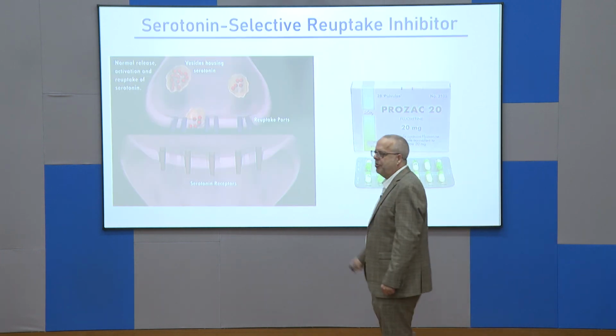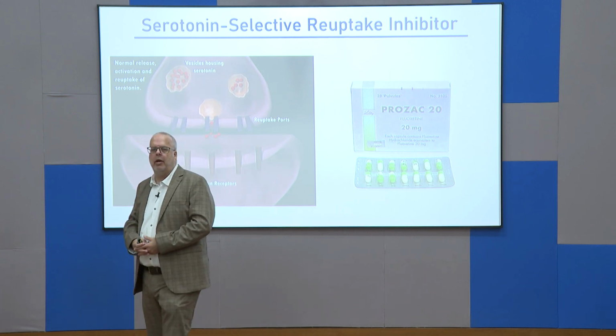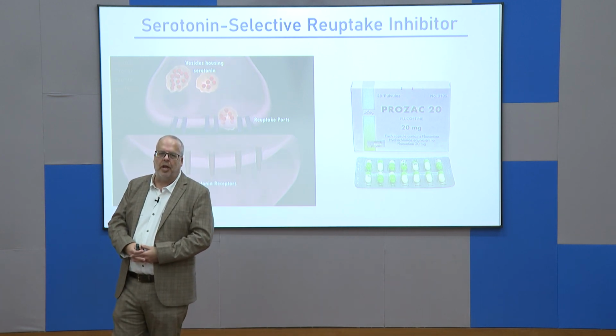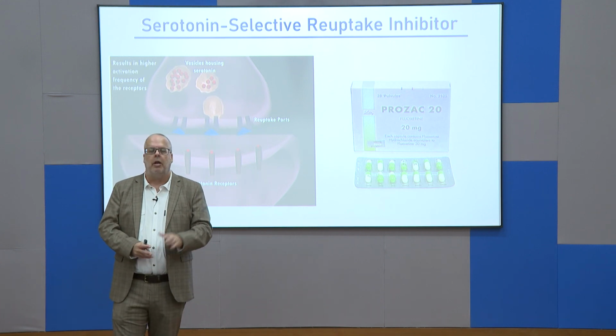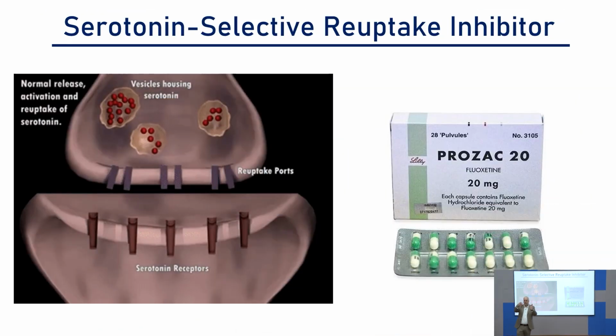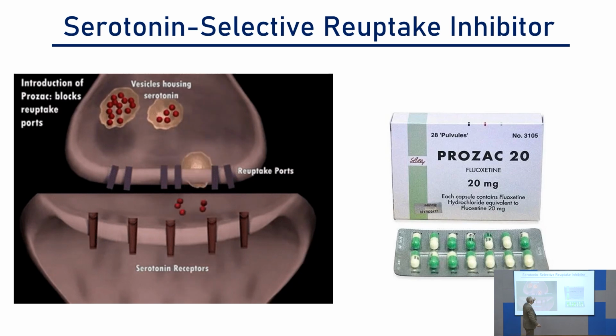So to finish, let me just give you one single example. Antidepressants. Everybody knows Prozac. Prozac is what we call a selective serotonin reuptake inhibitor. Now, we've already talked about reuptake. Neurotransmitter is released, and then it's retaken back up into the presynaptic terminal. It gets sucked back up in there. So what does Prozac do? It blocks those transporters.